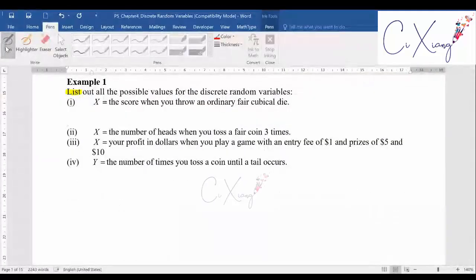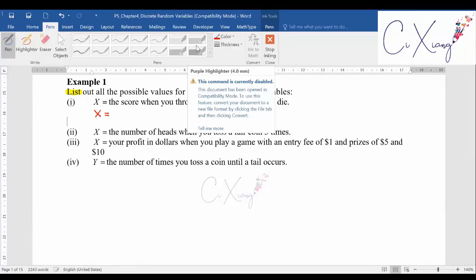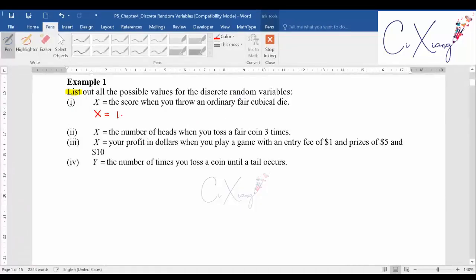They said X is equal to the score when you throw an ordinary fair cubical die. You just need to use some common sense to answer it. So what is the score when you throw a die? You just list out all the possible outcomes. When you throw a die, you will get a 1. You may get a 2. You may get a 3.